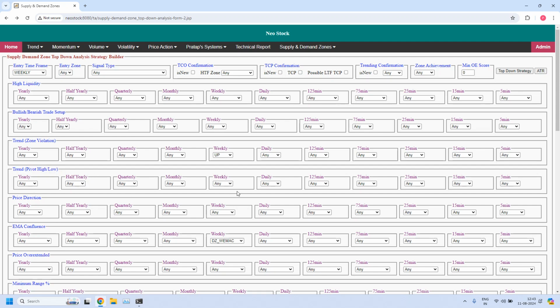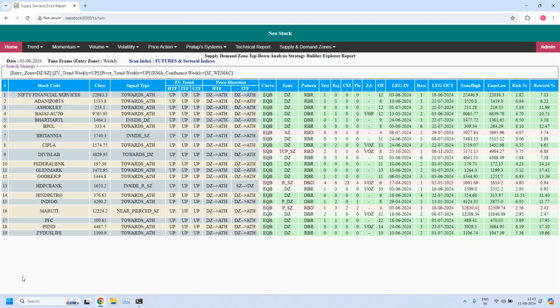Based on that concept also, we are selecting the weekly trend. If both the trends are uptrend, obviously we can confirm definitely those stocks are having a very strong uptrend. So from 57, how many stocks will be filtered? Let us verify. See, now the list has come down to only 19 stocks.